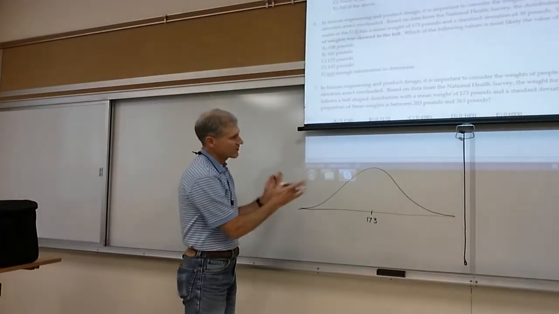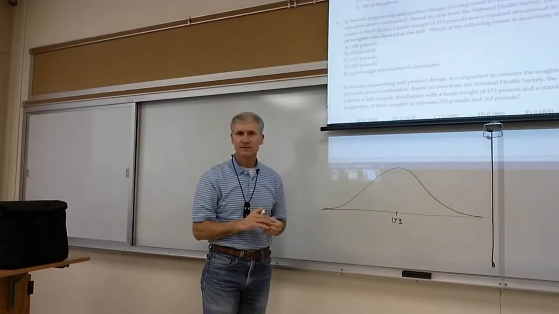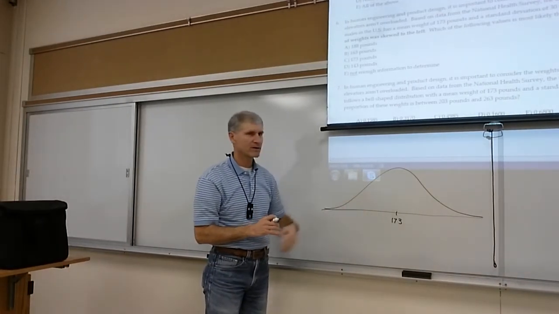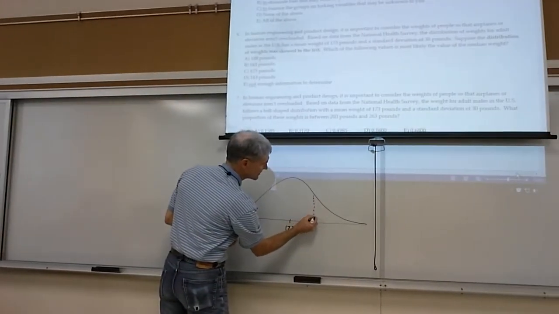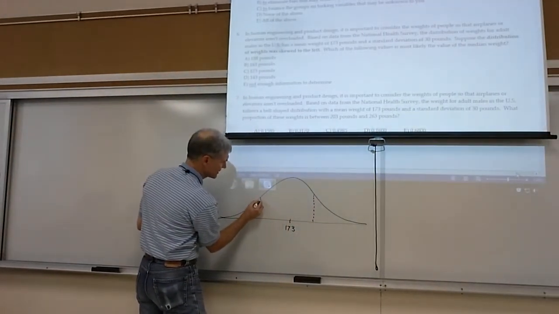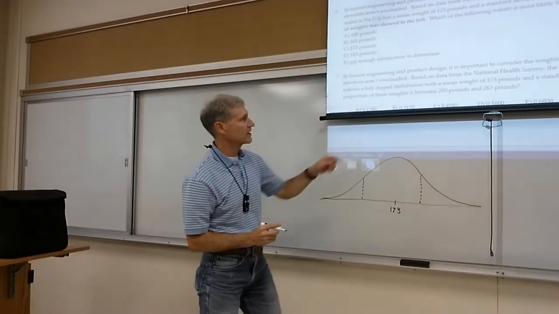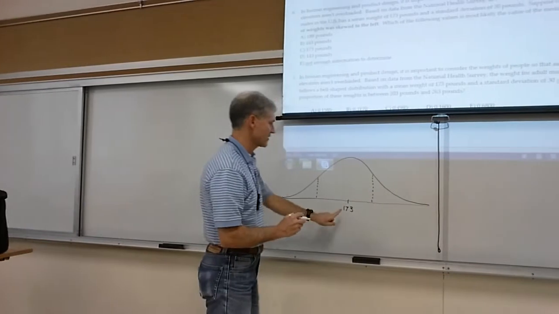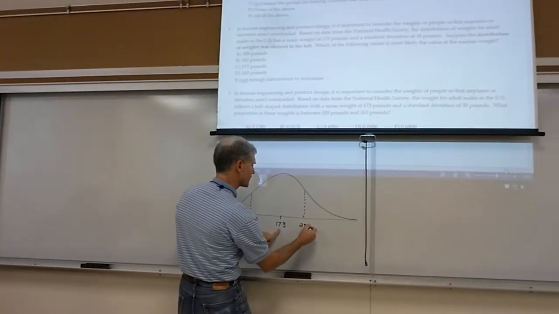And then how far out do you go to get one standard deviation? In the picture, where would I mark it? Halfway down the hill. Good. So halfway down the hill, in either direction, is one standard deviation, and they tell us the standard deviation is 30 pounds. So I add 30 to 173, and I get 203.